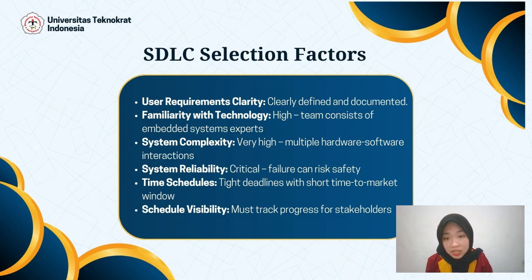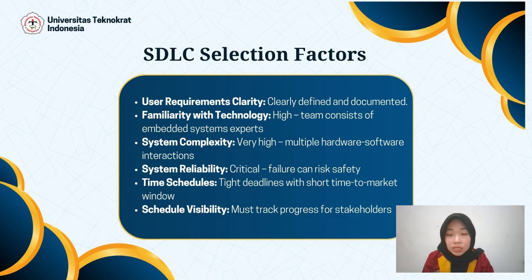And then fourth is system reliability. This is perhaps the most critical factor. Any software failure in a vehicle can lead to severe consequences. The V model's focus on early and repeated testing ensures reliability. And then fifth is time schedules.